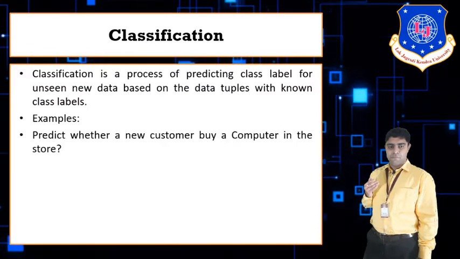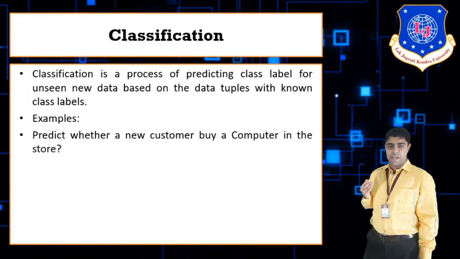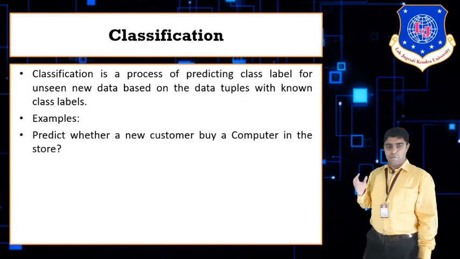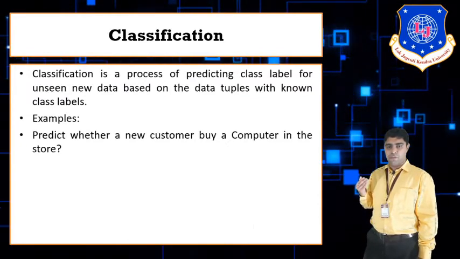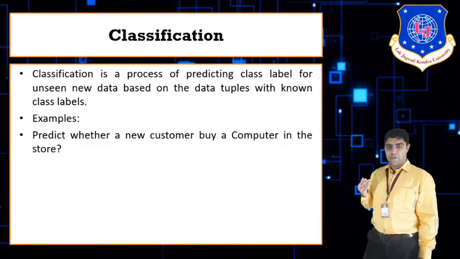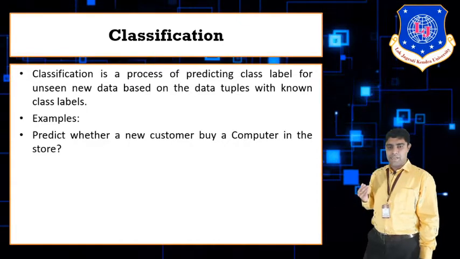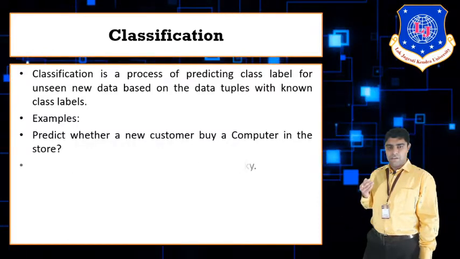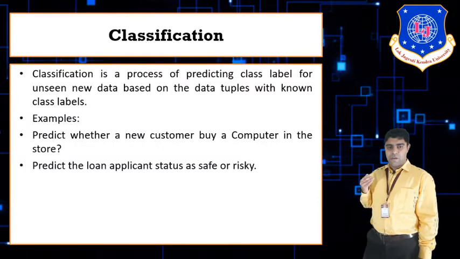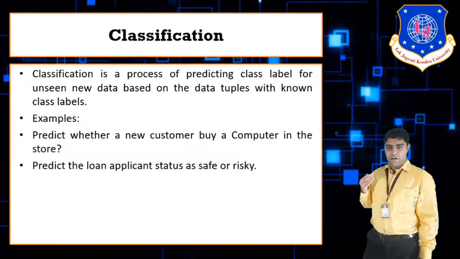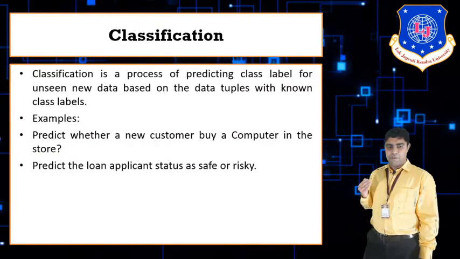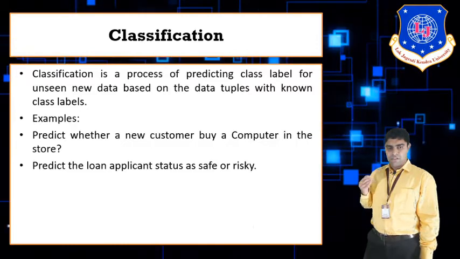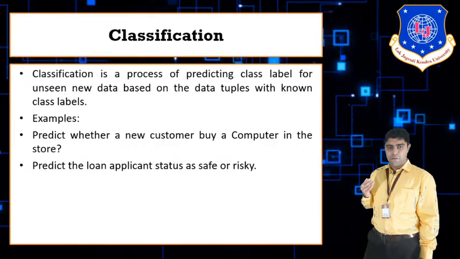Another example: predict whether a new customer will buy a computer in the store. When a new customer comes into the market, we can predict whether he will purchase a computer or not. Or predict the loan application status as safe or risky. So these are the applications of classification.